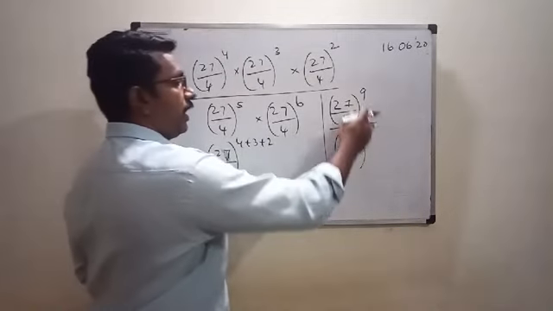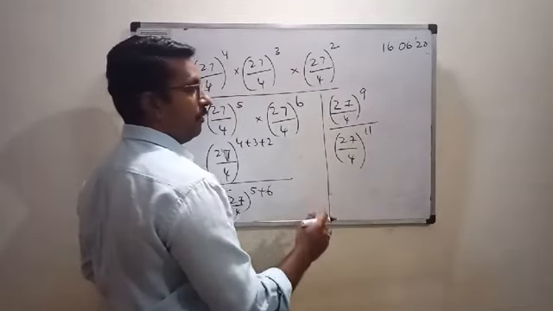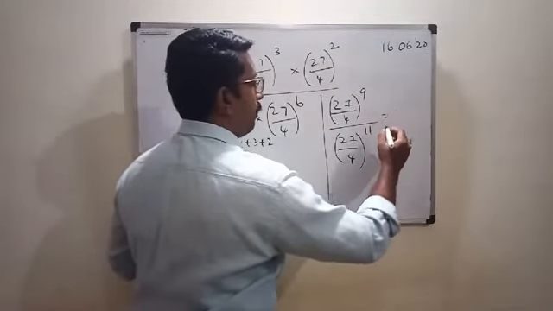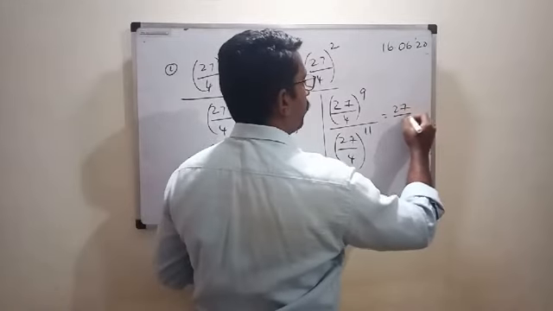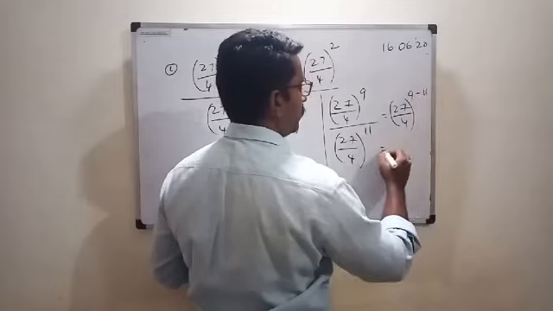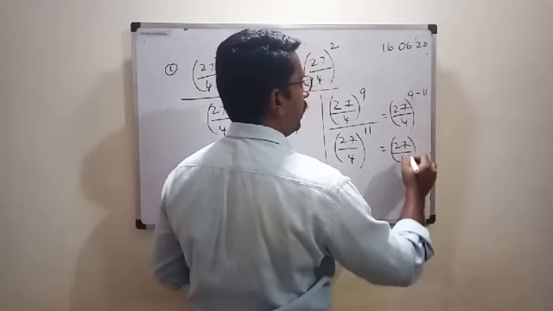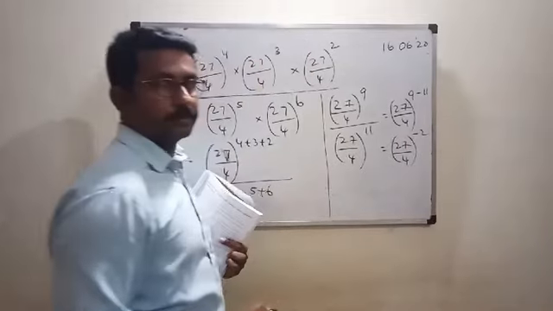Now, which law can we apply here? Same base, we have to divide. Quotient law can be applied. So 27/4 to the power 9 minus 11. So 27/4 to the power minus 2.